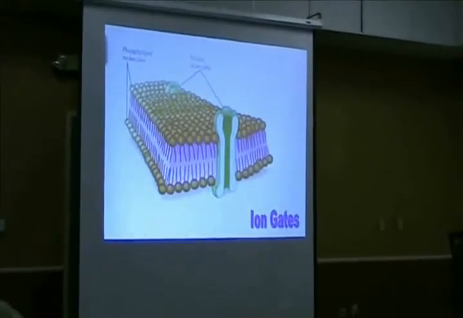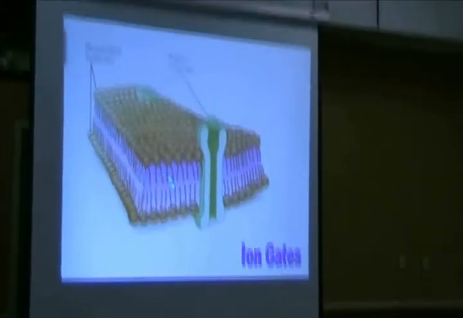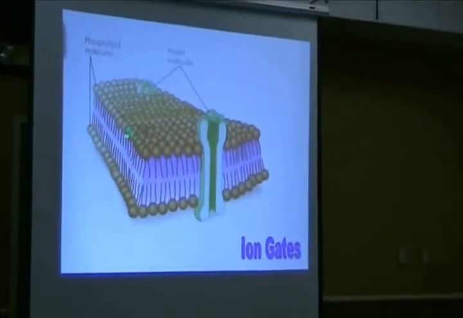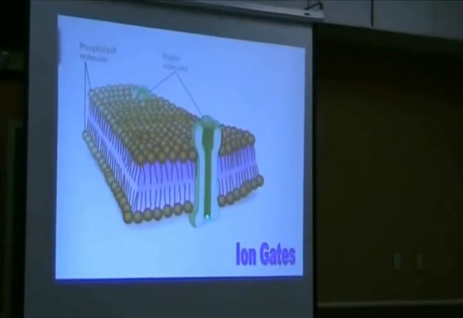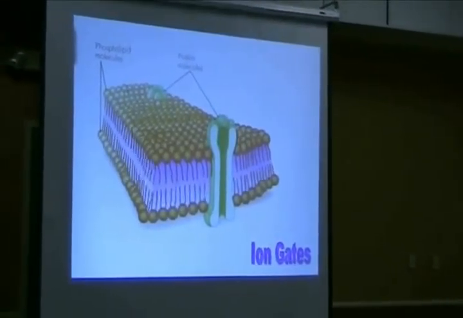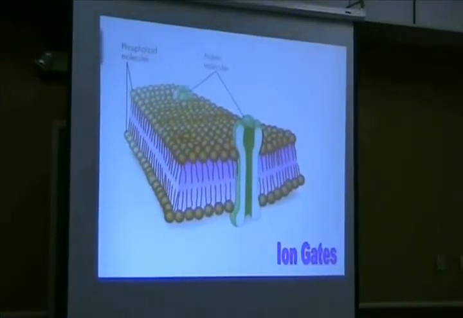Ion gates, and this is a cartoon here of the membrane of a nerve cell, and ion gates are channels, and these are proteins, and proteins, when you stimulate them, they actually move.